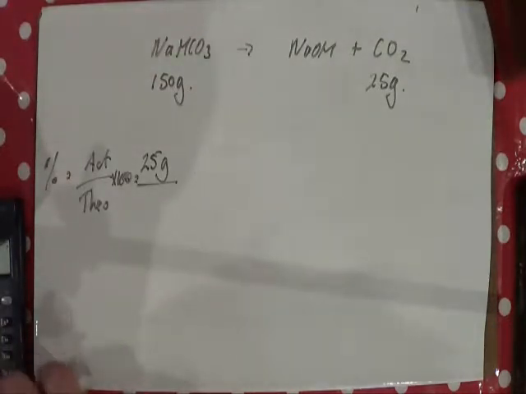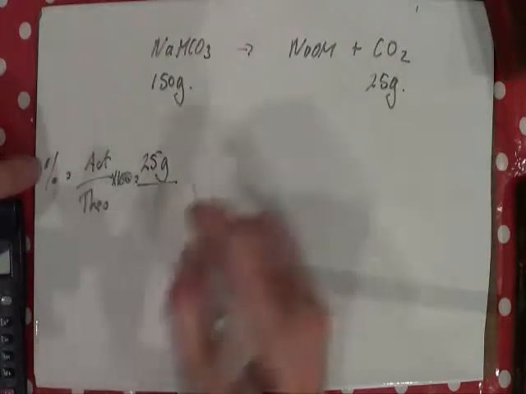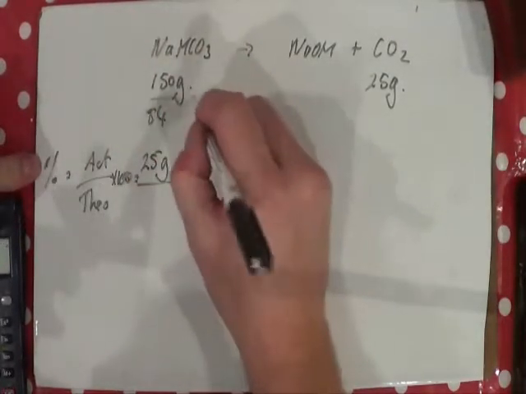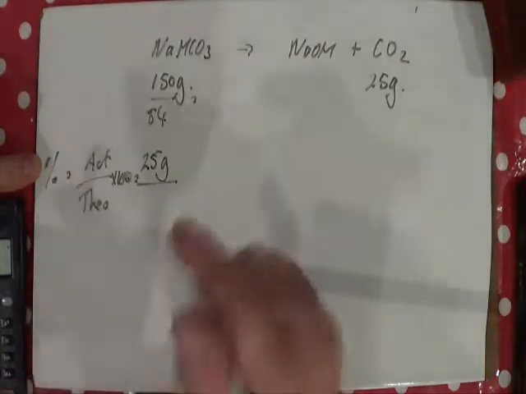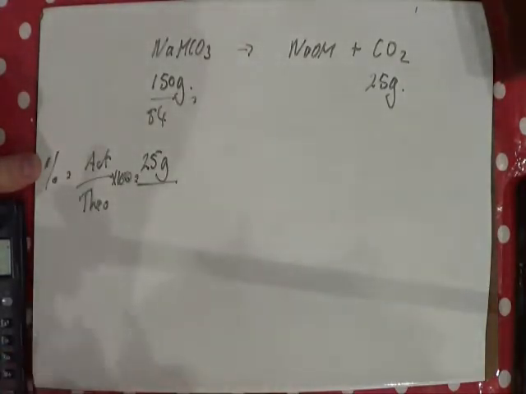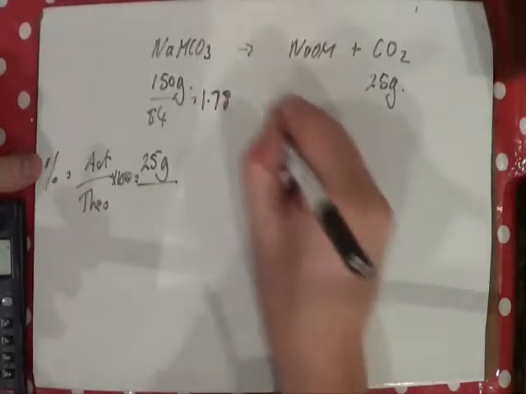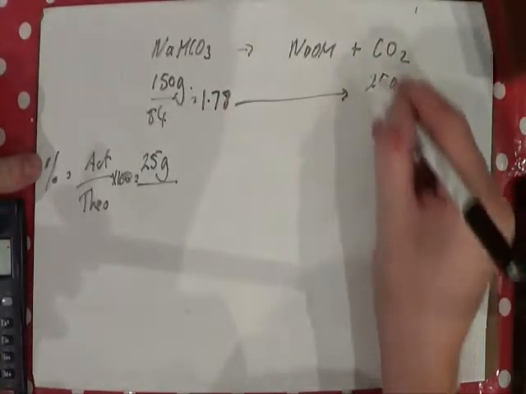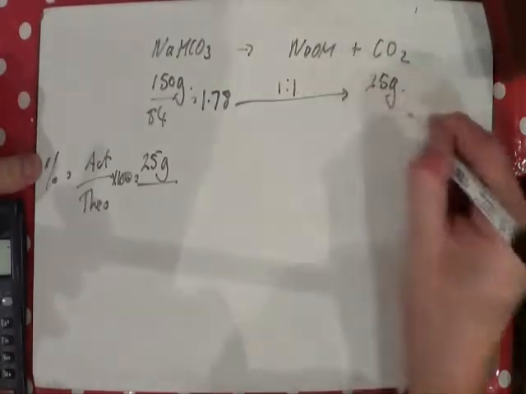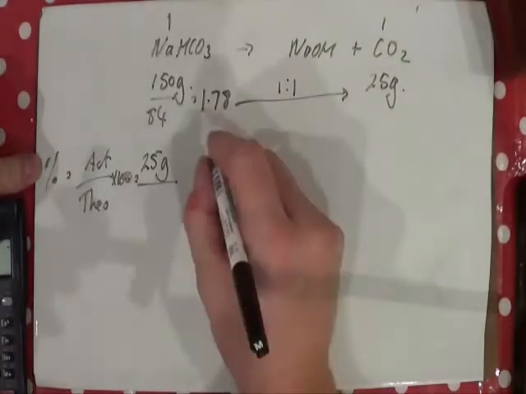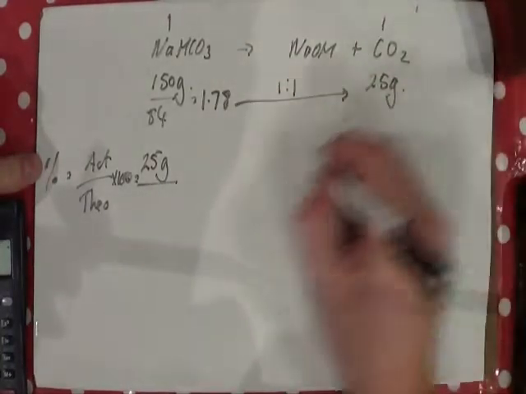So we've got to take 150 and put that over 84. 84 is the RFM of this, and that will give us a number of moles at 1.78 moles. If we go across, that will tell us we have a 1-to-1 ratio. So that would mean we should make 1.78 moles of this.